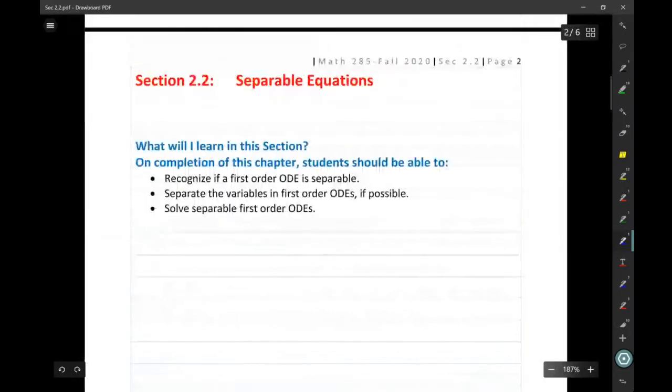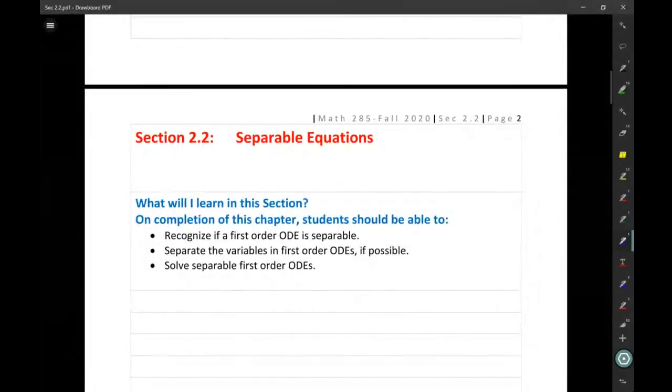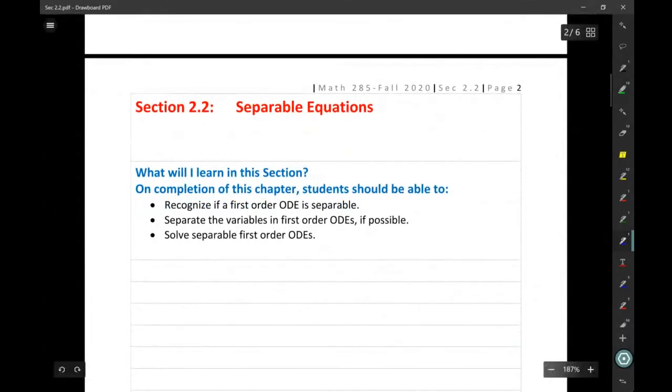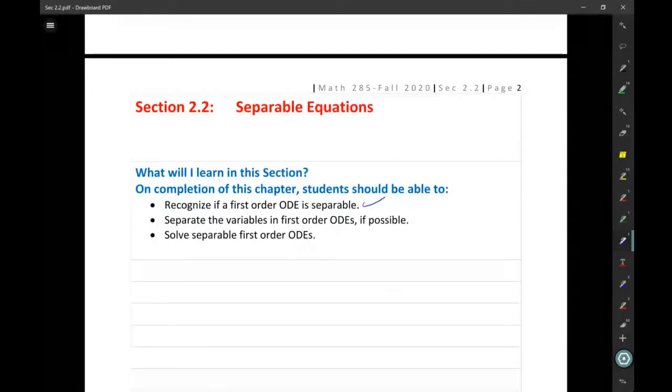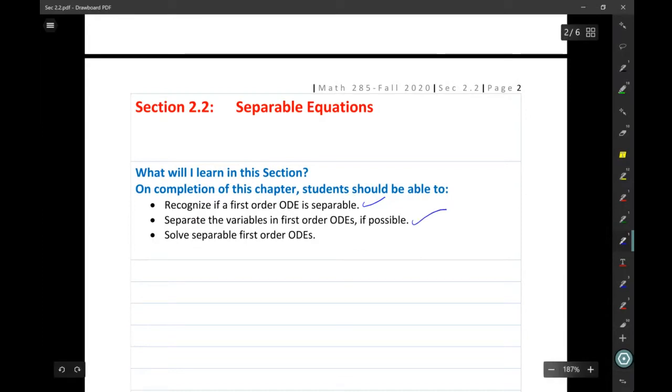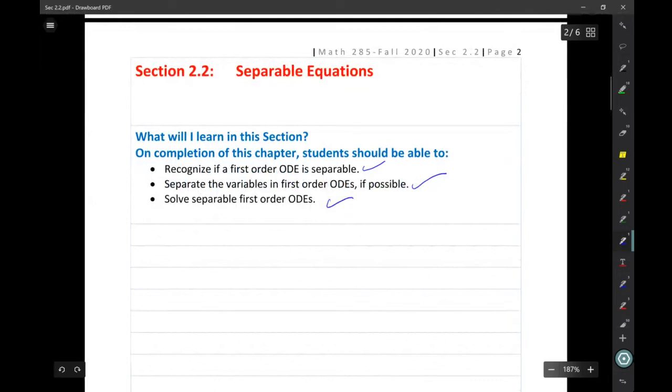Let us start from the separable differential equation. For a separable differential equation, here we will see what's the meaning of separable, how we can identify whether it is separable or not, and how we can solve it, which is very simple and straightforward.